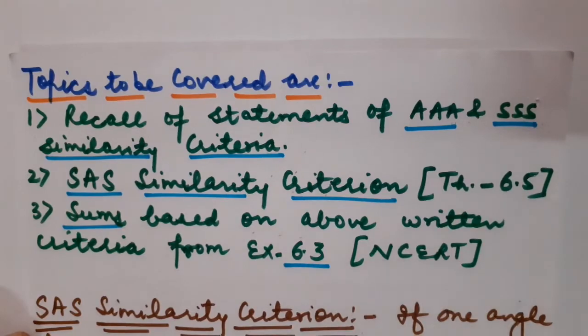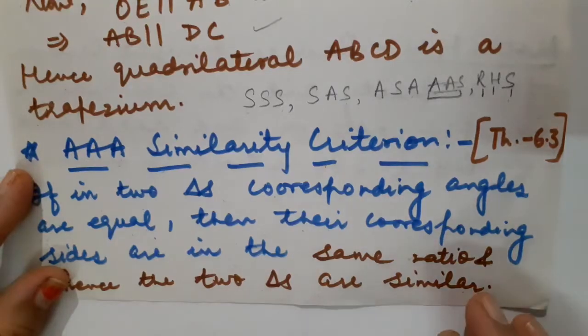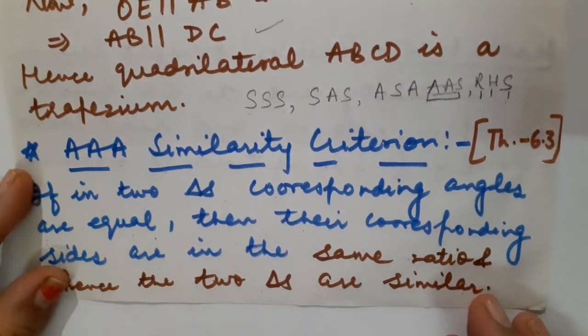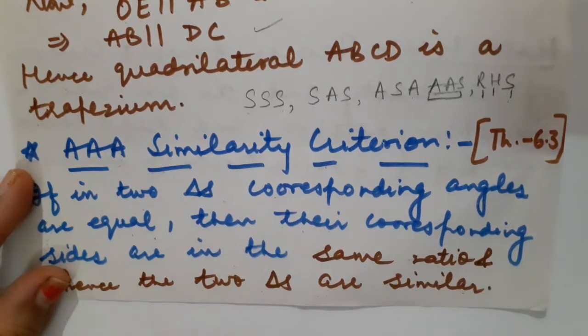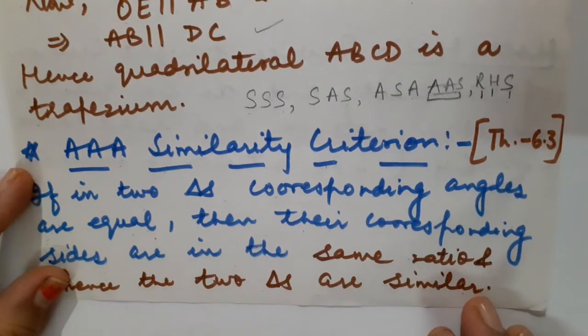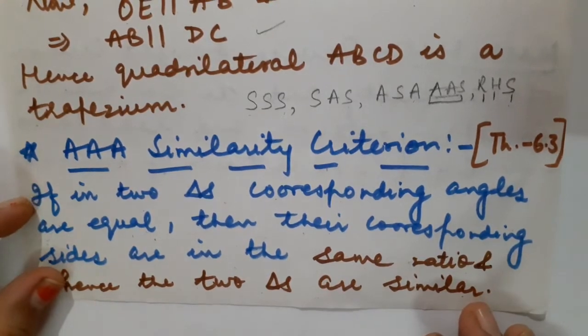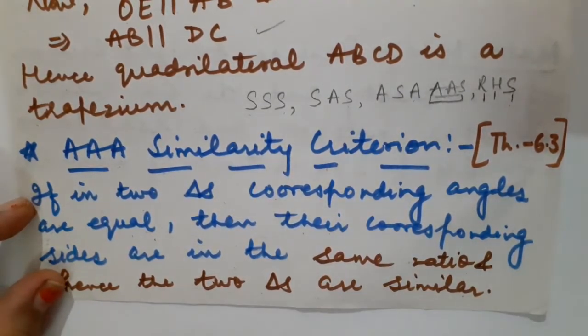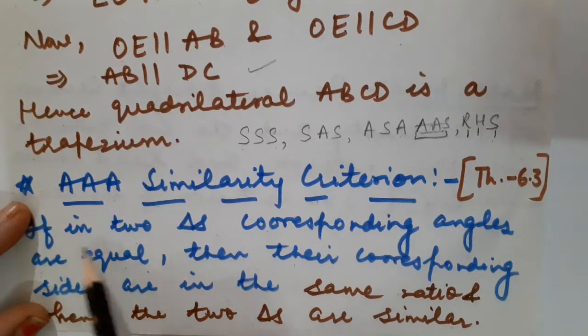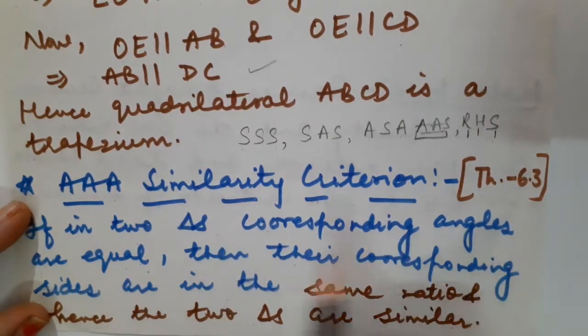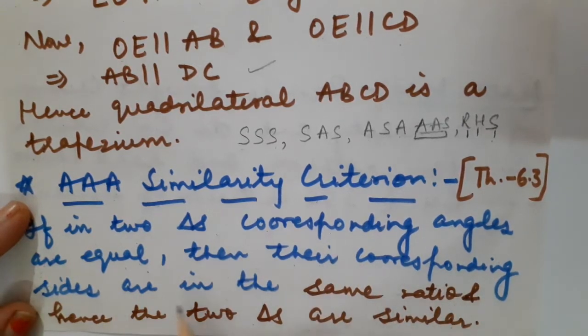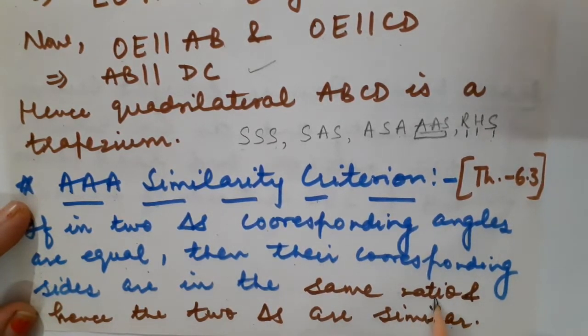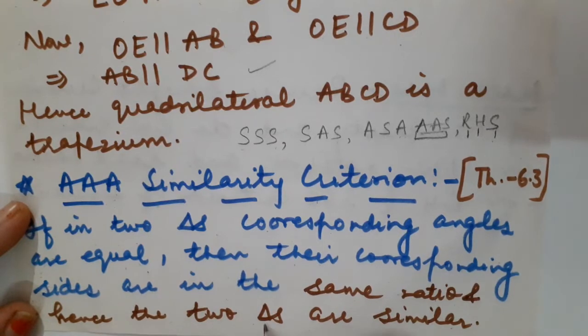Got it, children? So according to the very first criteria, that is angle, angle, angle, similarity criteria, theorem number 6.3, I made you understand: if in two triangles corresponding angles are equal, then their corresponding sides are in the same ratio, and hence both the triangles will be called similar.